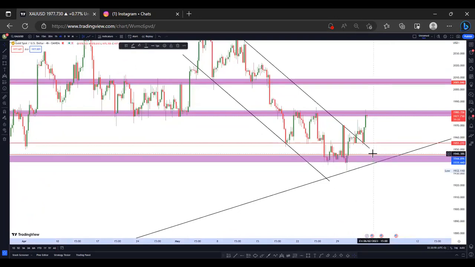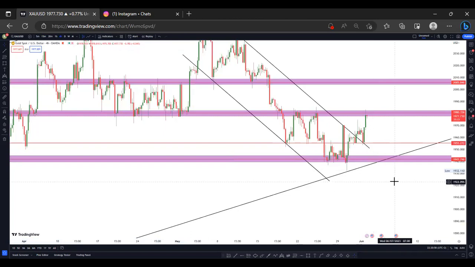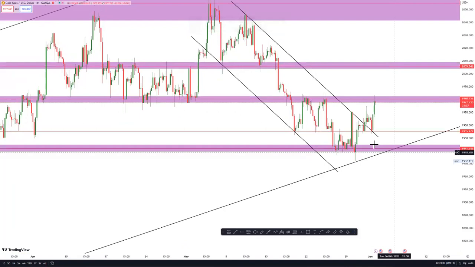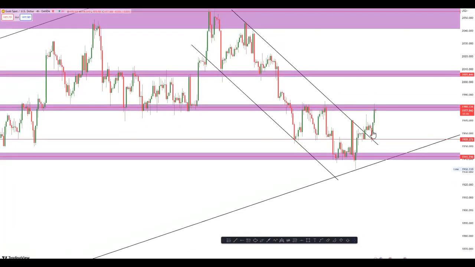The first confirmation was the one on the dollar index heading bearish. The second, when I came into the market in the morning, price was somewhere around here. So now I could see that gold actually had a breakout retest on my secondary trend.